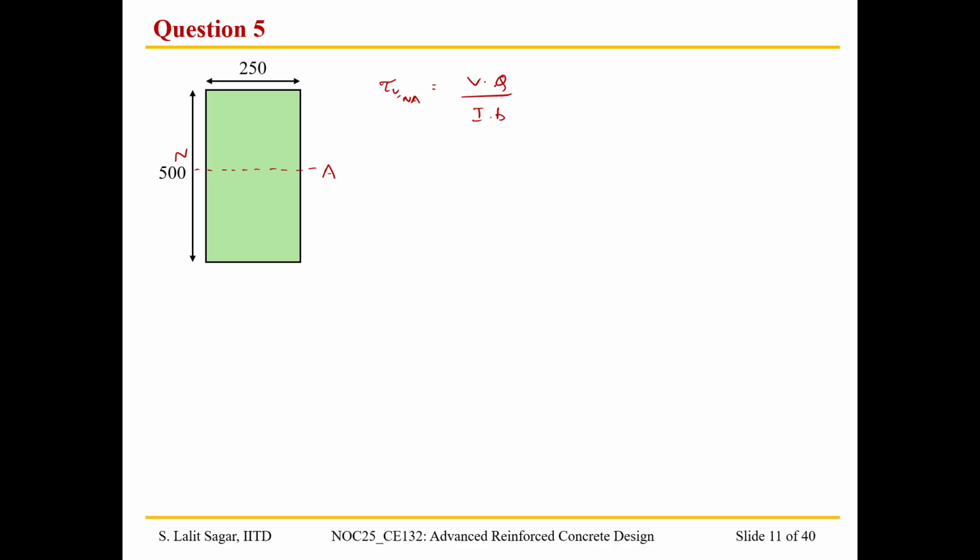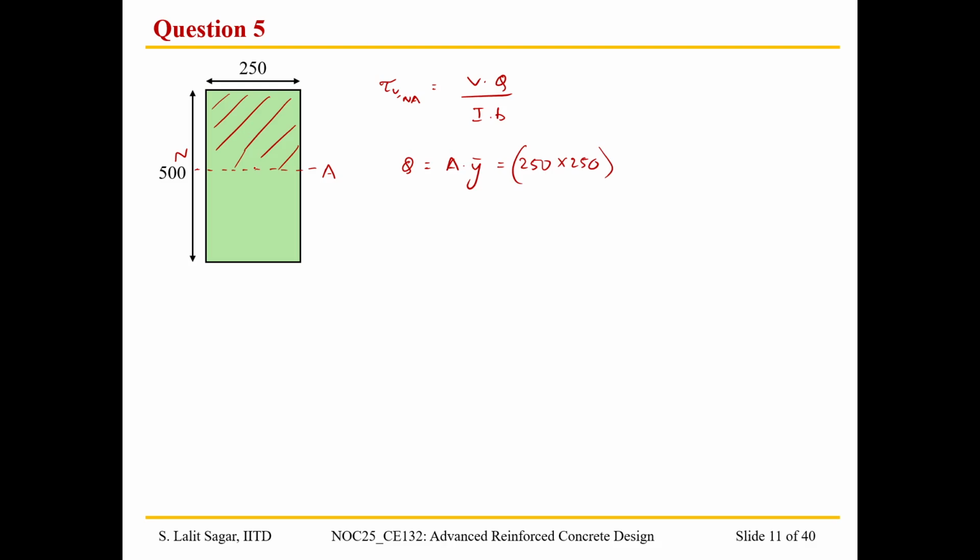So the thing is, we can use a lot of data that we calculated from the previous problem, but the only change is going to be in the term Q. Okay, so Q is equal to A into y bar. That is 250 by 250 multiplied by the centroidal height.